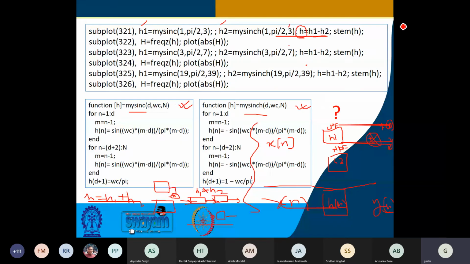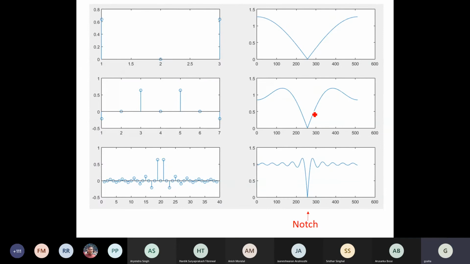This system has a low pass filter and a high pass filter, both with cutoff frequency at pi by 2, and you get this system response, this impulse response. Now, if you compare with whatever we had done, is there any difference or are they the same? The previous case is where we just forcibly made the coefficient 2 for a high pass filter.